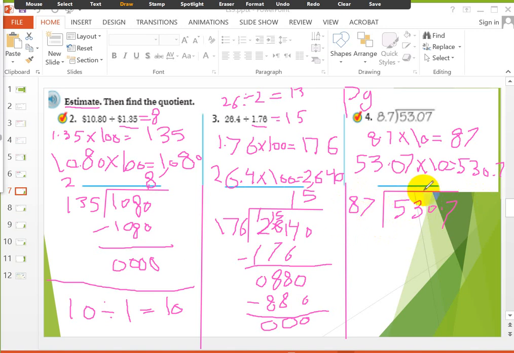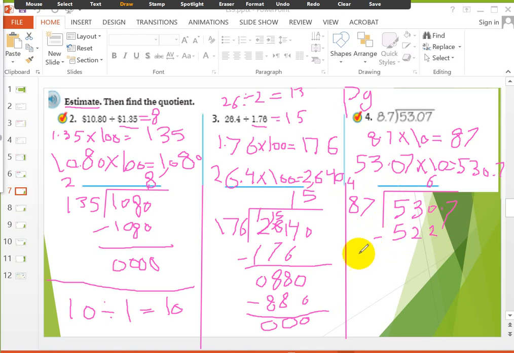How many 87s in 530? If you think about it, it will be 6, okay? In the ones digit. So if you multiply 6 with 87, 6 multiply 7 equals 42. So I'll put 2 here and 4 above the tens. 6 multiply 8 equals 48 plus 4 equals 52.